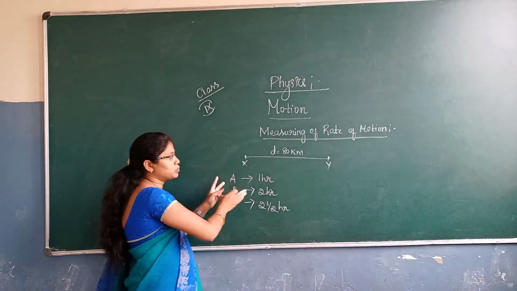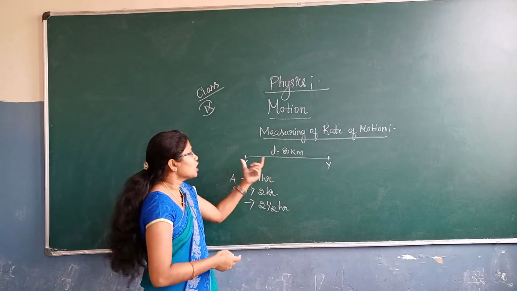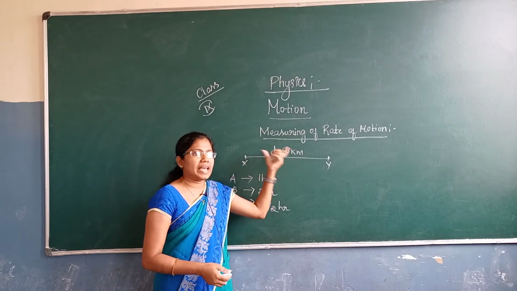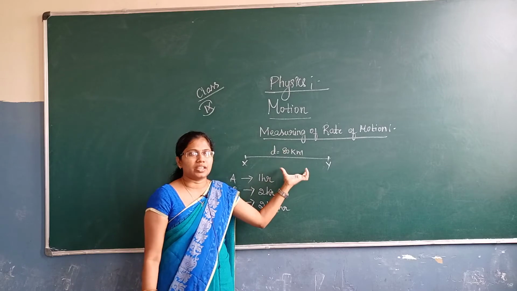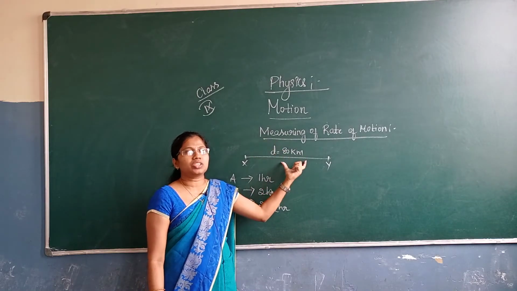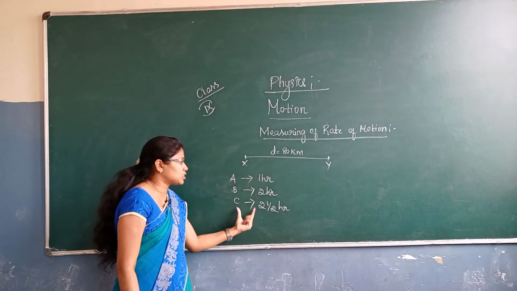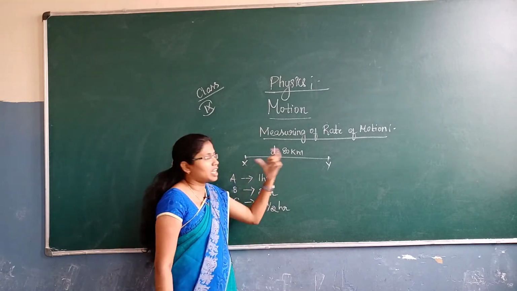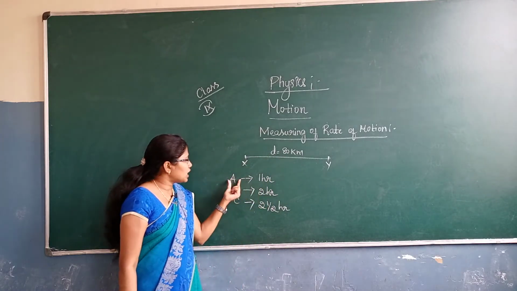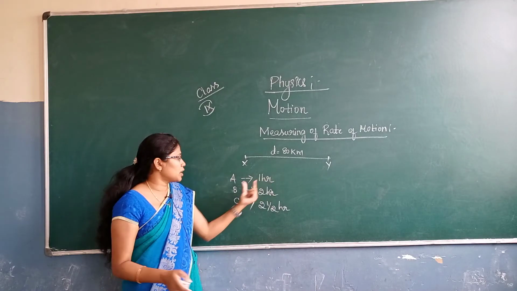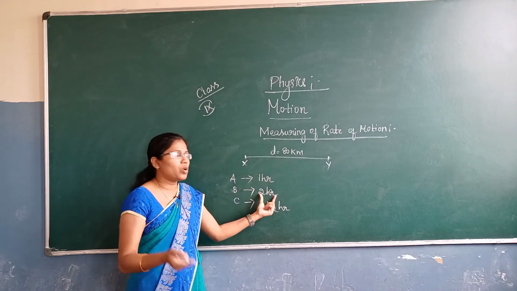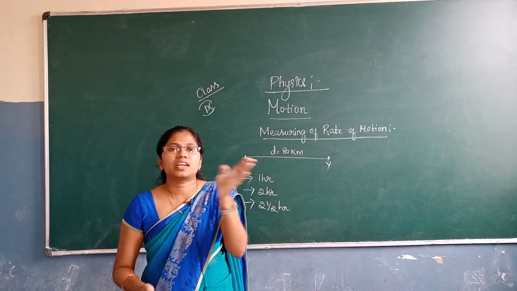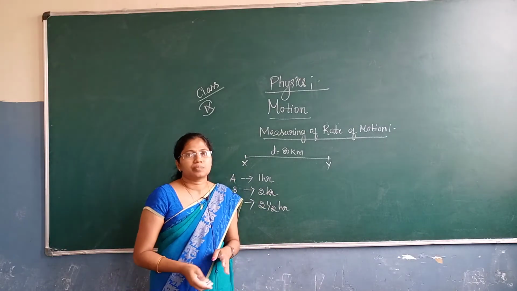If you observe this example, to cover the same given distance of 80 kilometers, different persons are taking different times. Here A has taken 1 hour, B has taken 2 hours and C has taken 2.5 hours to cover the same distance.